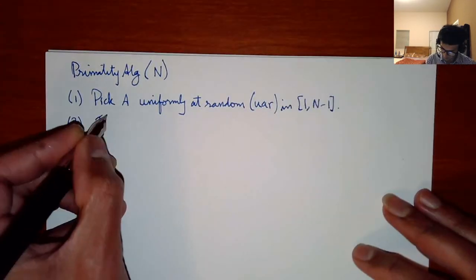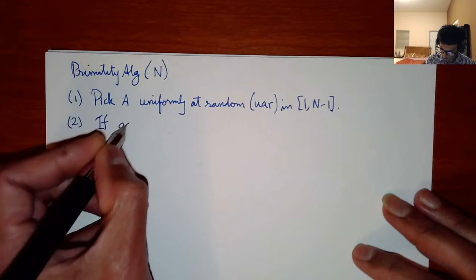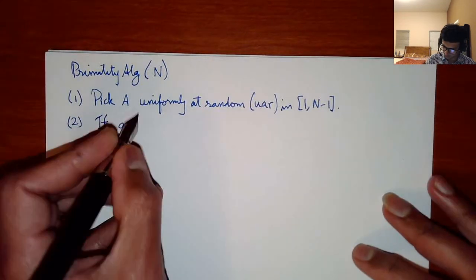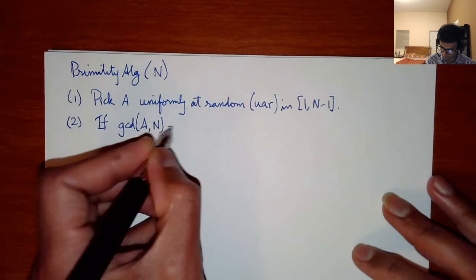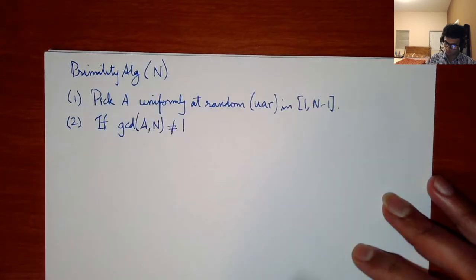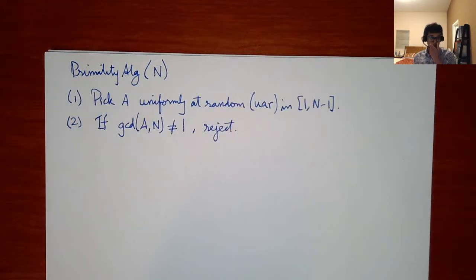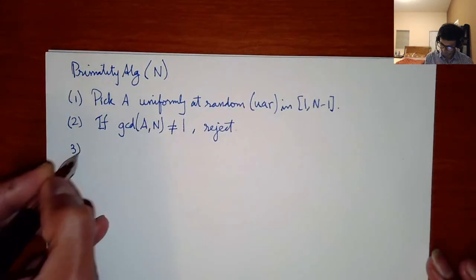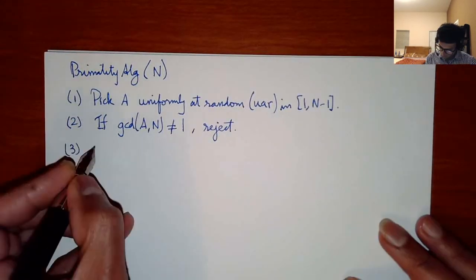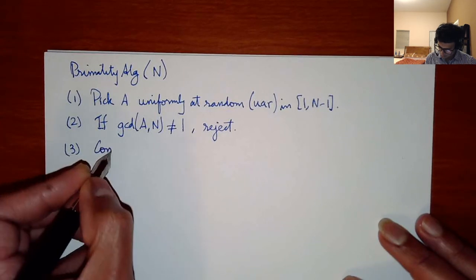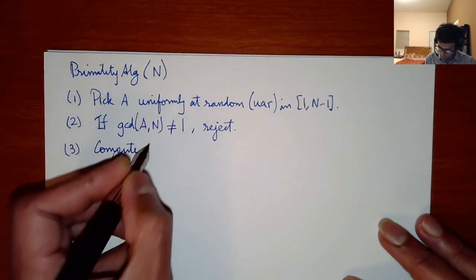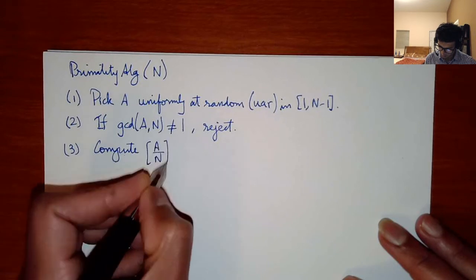And if the GCD, the greatest common divisor of A and n, is not equal to 1, then go ahead and reject. Otherwise, compute the Jacobi symbol.